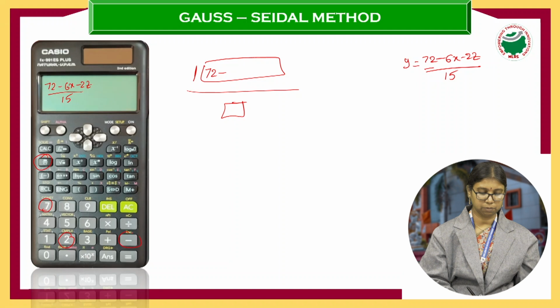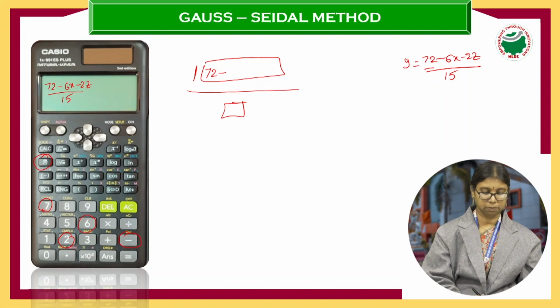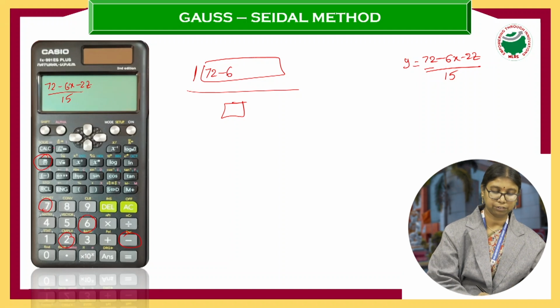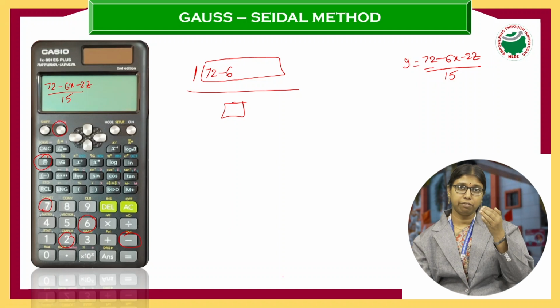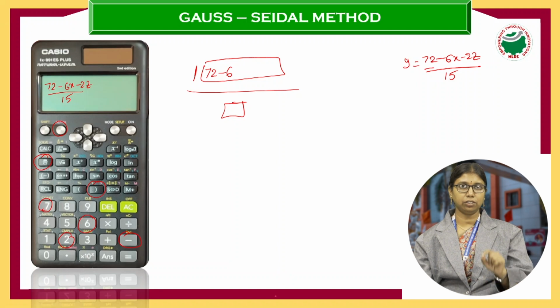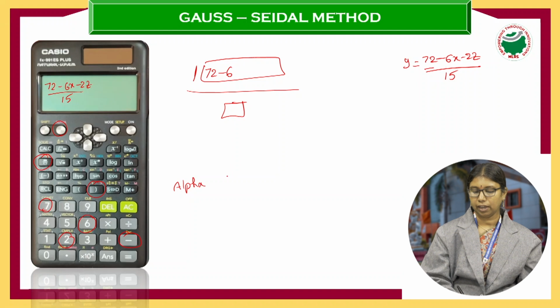Minus, press the minus button. Then 6x. Press the 6 button, and you need the alphabet. For the alphabet, you have to press the alpha button and the corresponding variable button. Where x is, on the closed bracket button, you have x. So you press alpha and then closed bracket, then you will get x here.